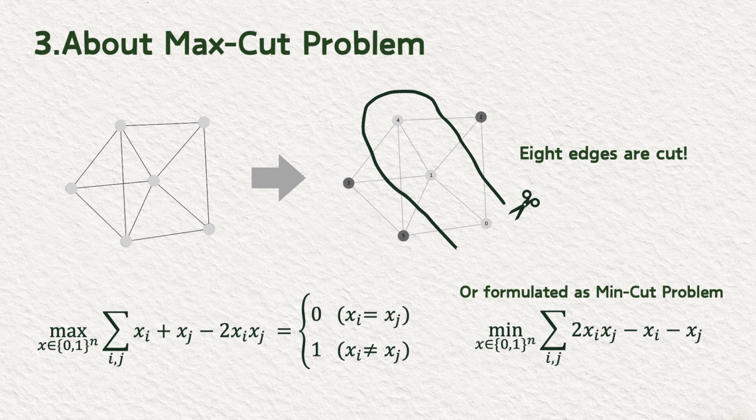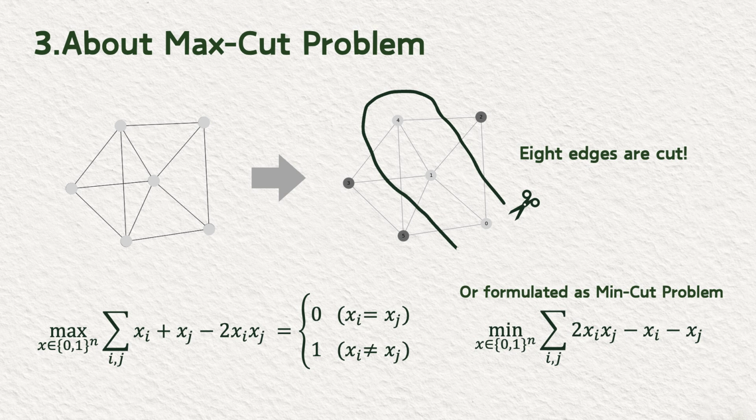The max-cut problem can be formulated as follows. Instead of representing the groups with colors, we use 0 and 1 to indicate the different groups. If adjacent nodes have the same color, the values xi and xj will both be 1 or both be 0, and when substituted into the equation, the result is 0.